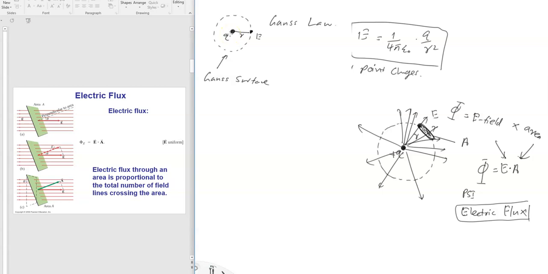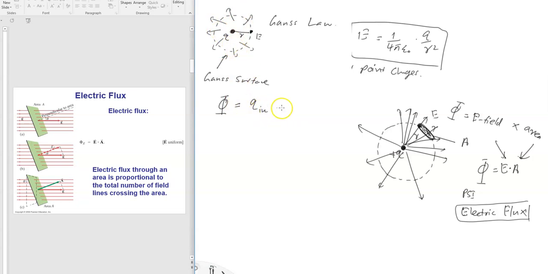The Gauss law says flux coming out through a Gauss surface. Now here the electric field comes out, we say the flux coming out. The total flux coming out from a surface is equal to the charge inside that surface.